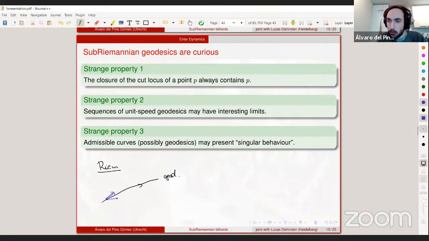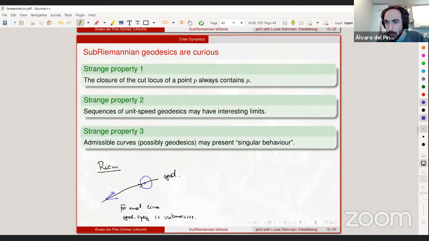For small times, the geodesic spray is submersive. If I take the geodesics nearby, this geodesic reaches this point, and the nearby geodesics open up to form a ball around my geodesic.